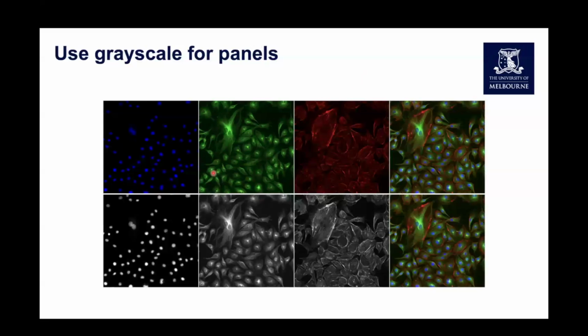In terms of making the channels equally interpretable, I would argue that you could potentially use a grayscale lookup table that allows you to see all of the information irrespective of the color that you're using to present that. You can still have a merge image on the final panel, but yeah, I would suggest maybe avoiding the green and red, and we'll cover that in a couple of slides' time.